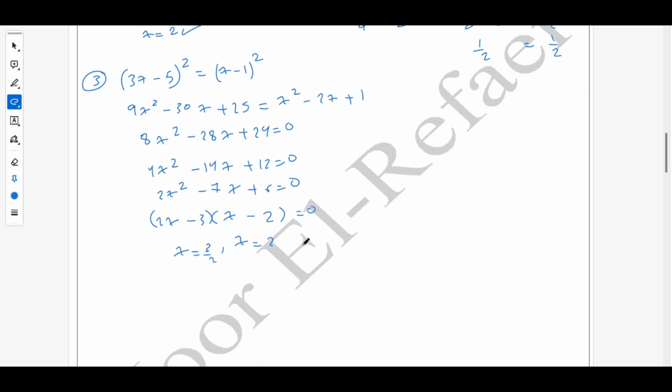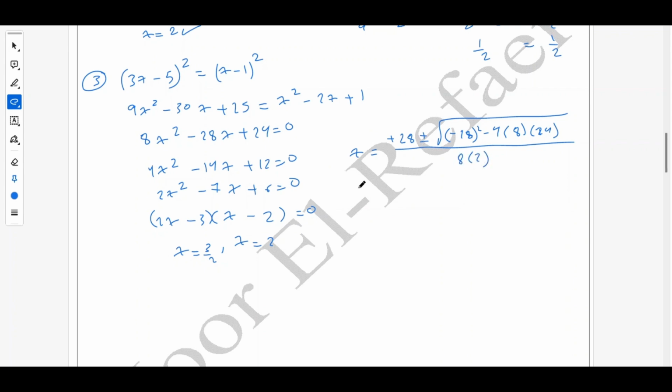Always check, always check. Some students don't know how to do factorization. You can use the general formula: x equals positive 28 plus or minus the square root of negative 28 squared minus 4 by 8 by 24, over 8 by 2.